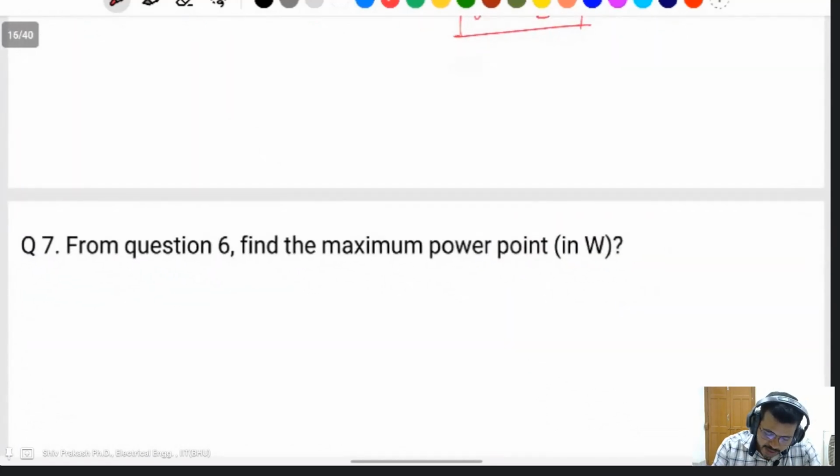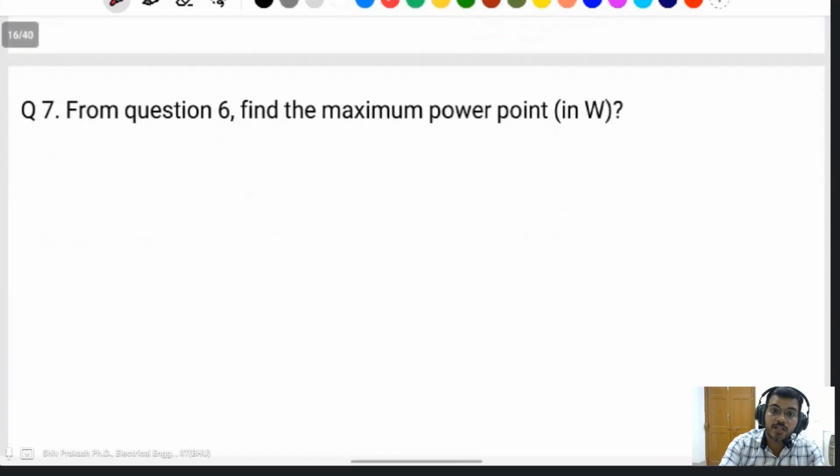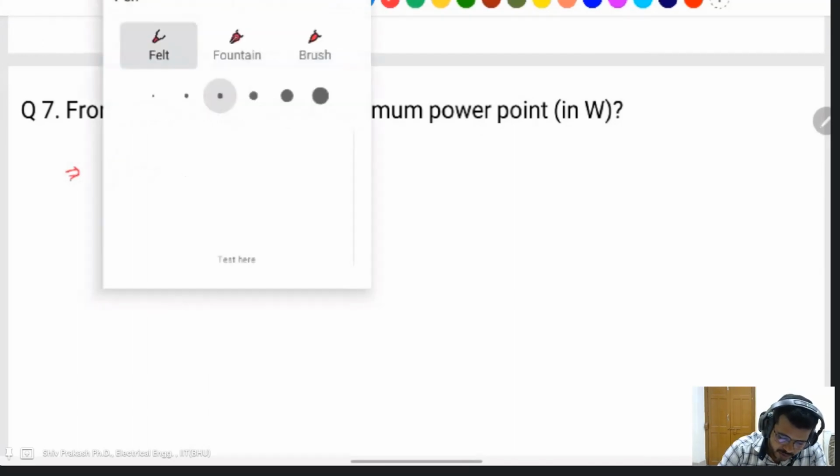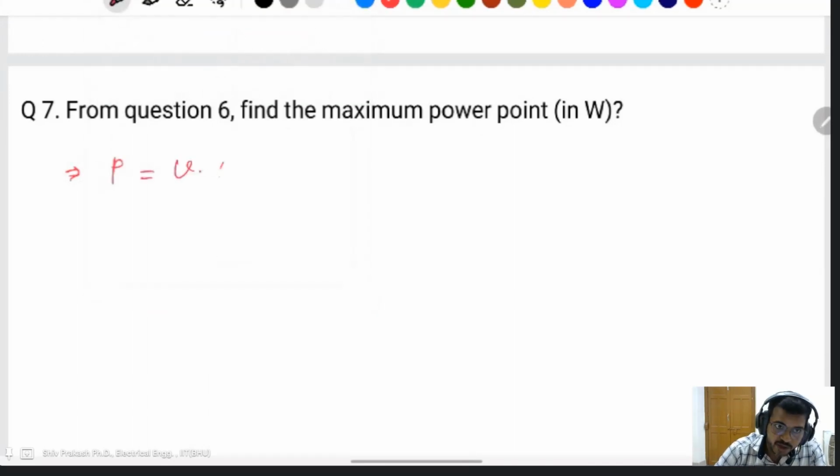From question number 6, find the maximum power point. It means what is the maximum power? Same thing, power is equal to V into I. The current expression is given as minus 0.1 V square plus 24.3.